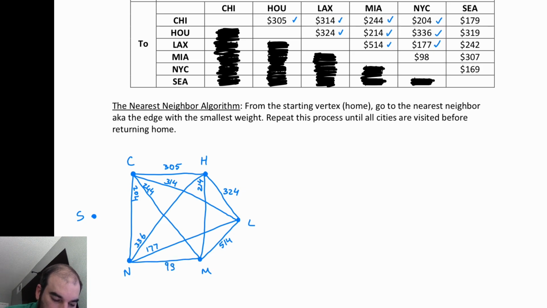That's 98. And then we got to do all of the Seattle connections. So Seattle and Chicago, that's 179. Seattle and Houston. Try to find a path to get there. That one is 319. Seattle and LAX connection. Going straight across, that's 242.